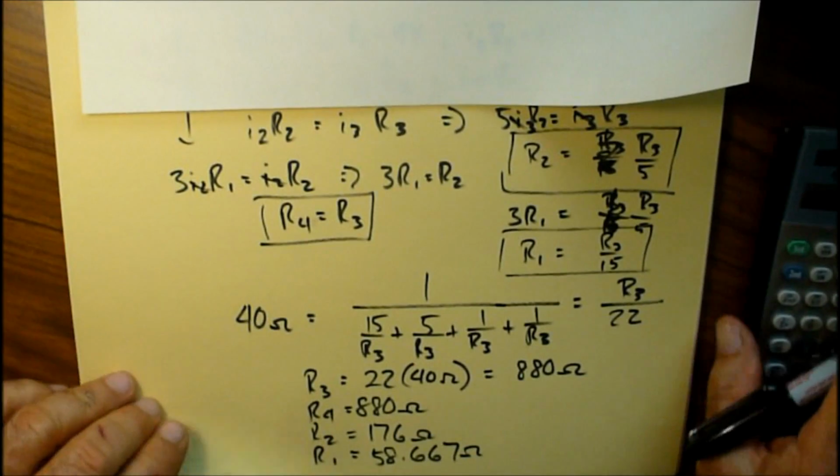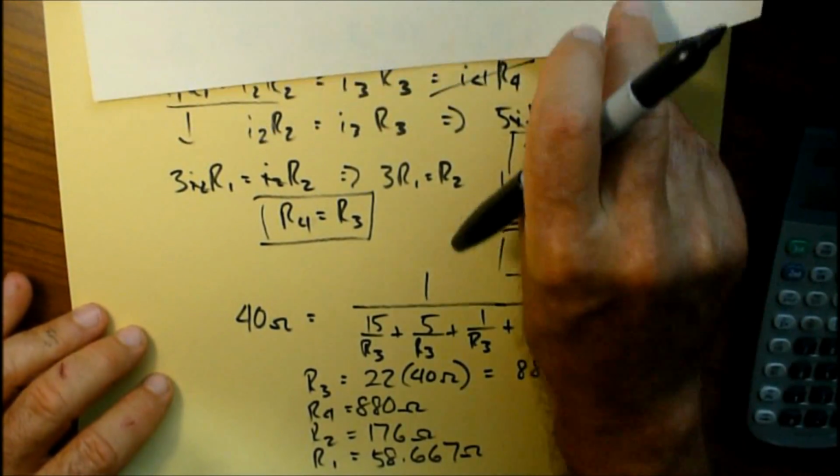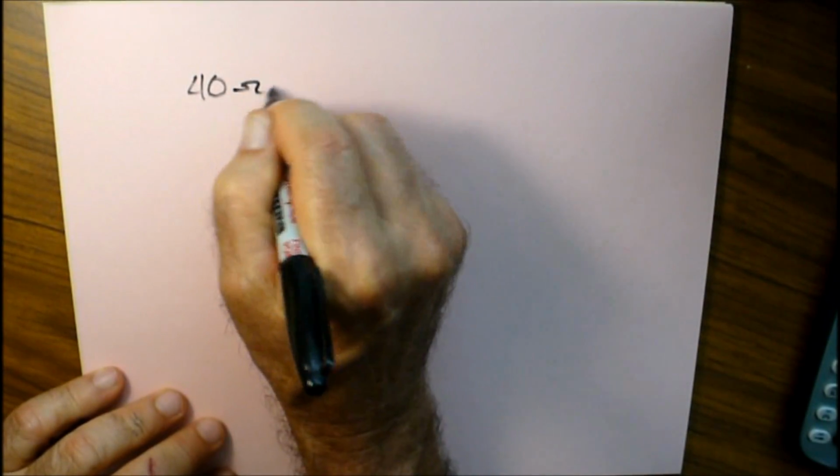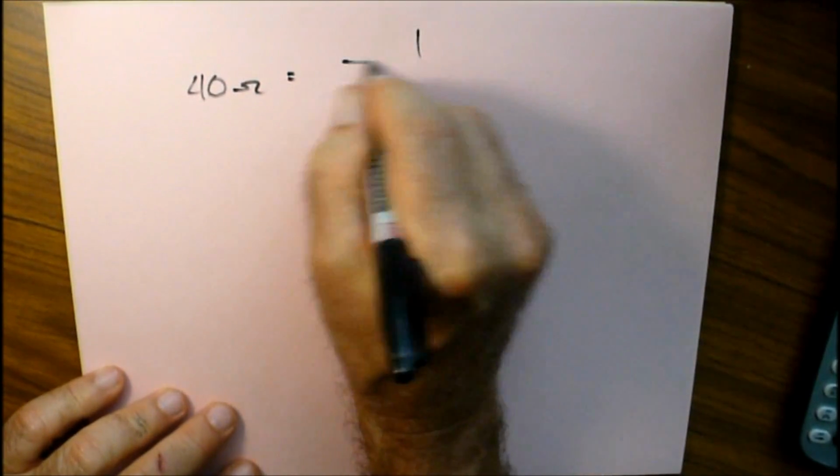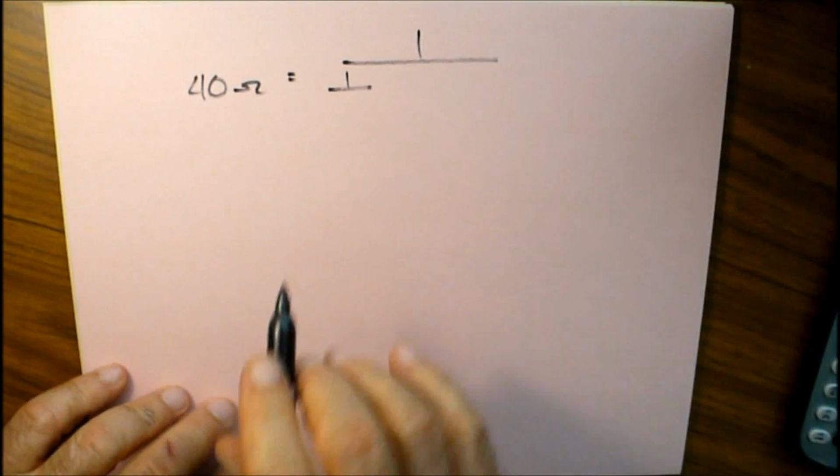Let's go in and verify some of our notions about this. The first thing we said was that the total resistance is 40 ohms, which is equal to 1 over R1.